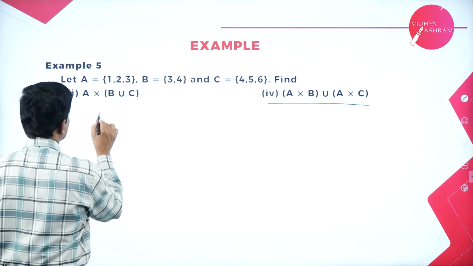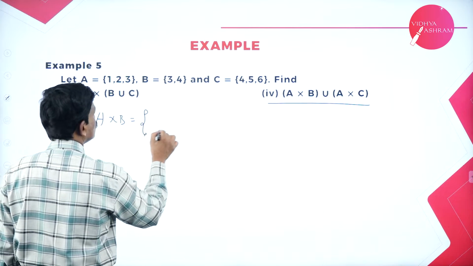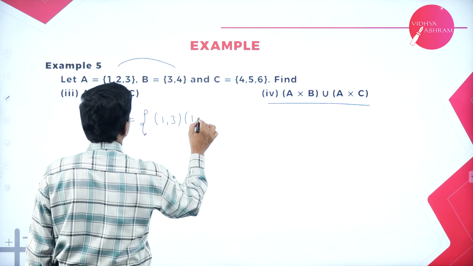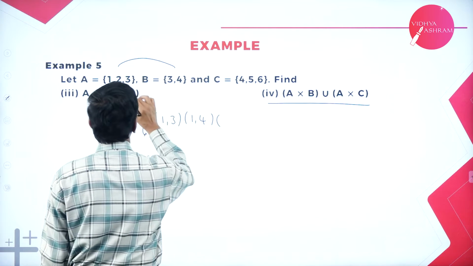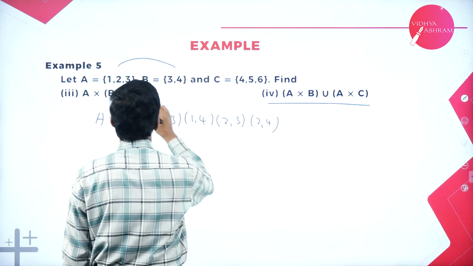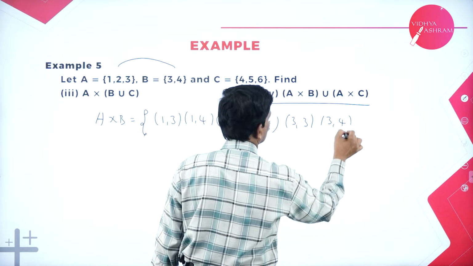Fourth one, find out A cross B first. A cross B is equal to A and B. That is (1, 3), (1, 4). Again, (2, 3) and (2, 4). Again, (3, 3) and (3, 4).